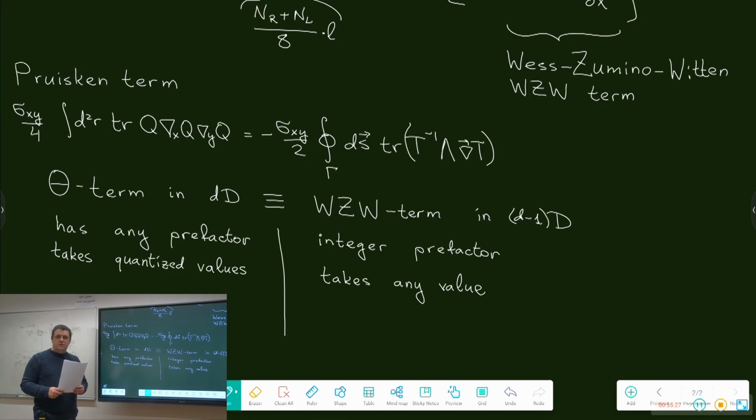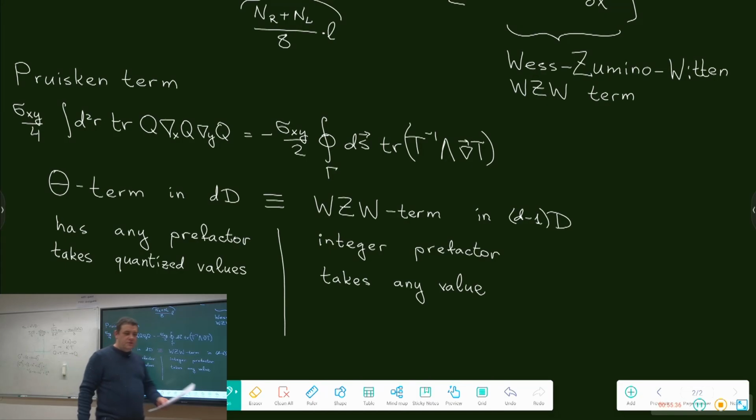So it's like a 1 over L perturbation to these quantized values. No, it's not a perturbation. Why do you call it a perturbation? We can use this for the case when everything is localized and the results should be the same.